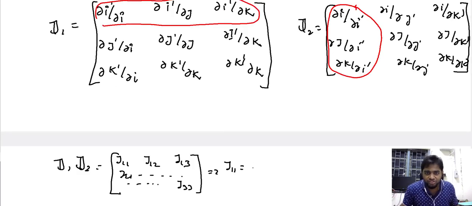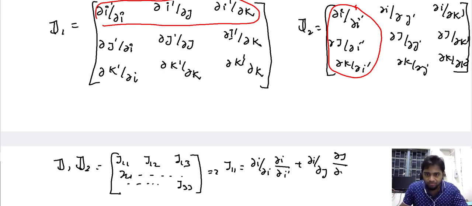So we can write J11 as dou I prime by dou I and dou I by dou I prime, plus dou I prime by dou j, dou j by dou I prime. So there is a prime here: dou I prime by dou I, so this term and the product of this term.